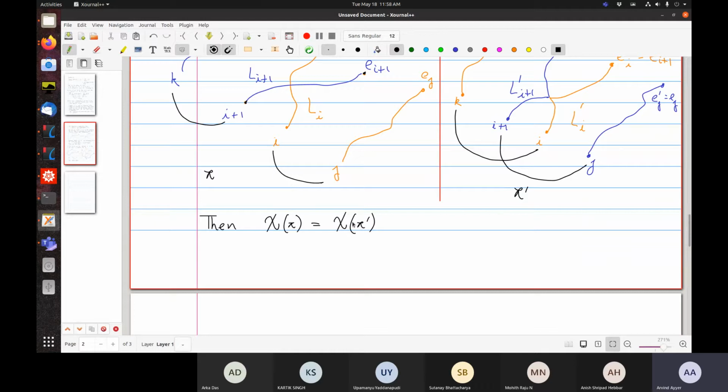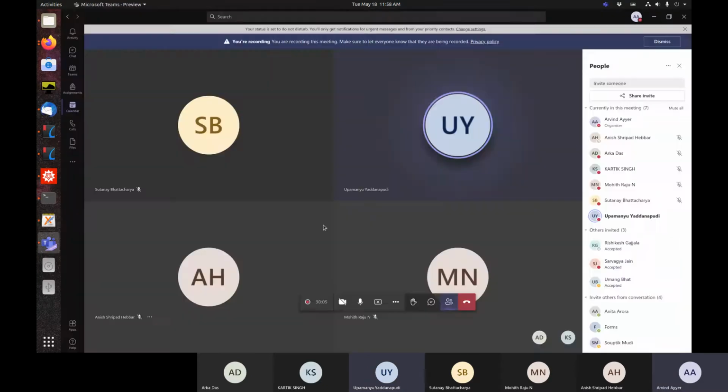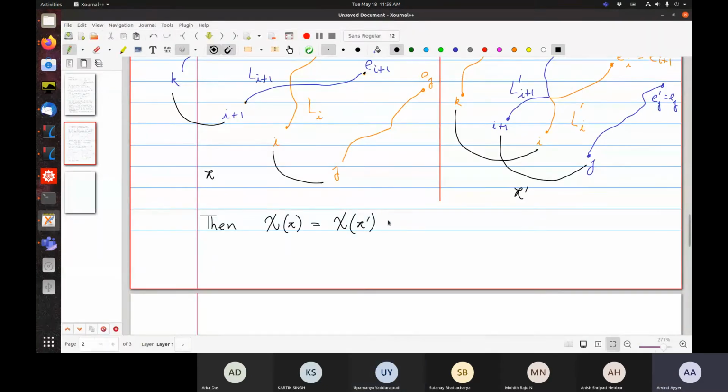But in general, no matter where k and j are, what can you say about the relationship between chi of pi, the number of crossings in pi, and chi of pi prime? I think it will change by 1. That's right. Yes, Upaman is exactly right. So they will change exactly by 1, either plus or minus.